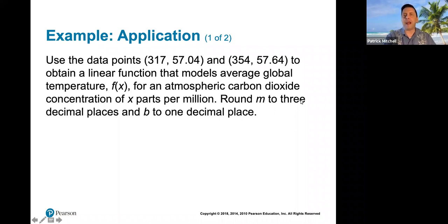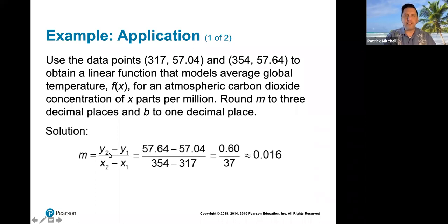And they're telling me to round m to 3 decimal places and round b to 1 decimal place. So the moral of the story here is they're saying that as the concentration of carbon dioxide in the atmosphere goes up, so does the average global temperature.